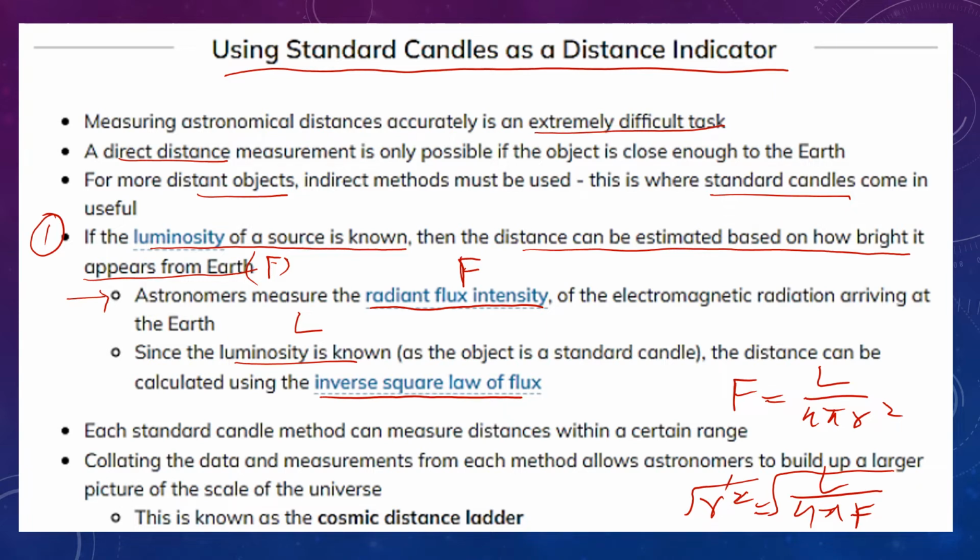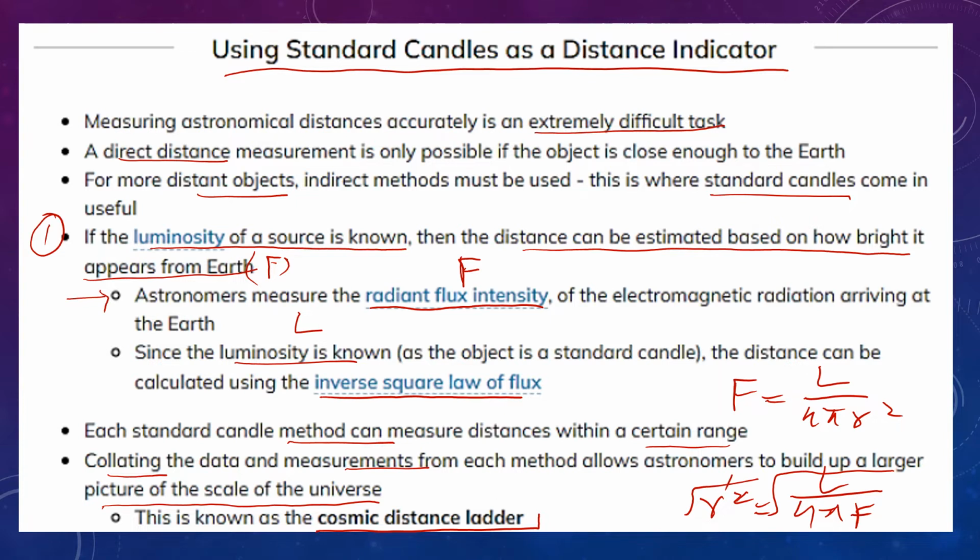Okay, each standard candle method can measure distance within a certain range, like the Cepheid variable and type 1A supernova. They are used to measure the distance of galaxies for a set distance from the Earth. So what we can do is collate all the data from each method, and then astronomers build a larger picture of the scale of the universe. This is known as the cosmic distance ladder.